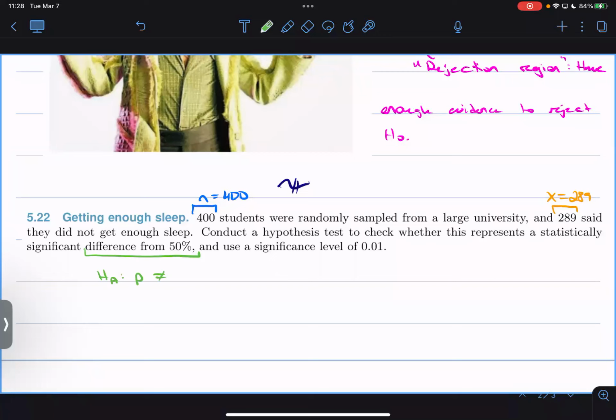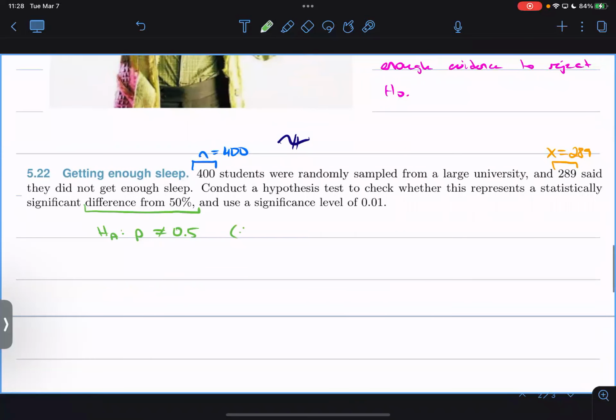I don't care if it's less than or greater than, I just want to know if there's a difference from 0.5, because it has to be a proportion. Usually we deal in percentages, but for math, we use the proportion. So that told us our alternative hypothesis right away, and therefore P naught is 0.5.